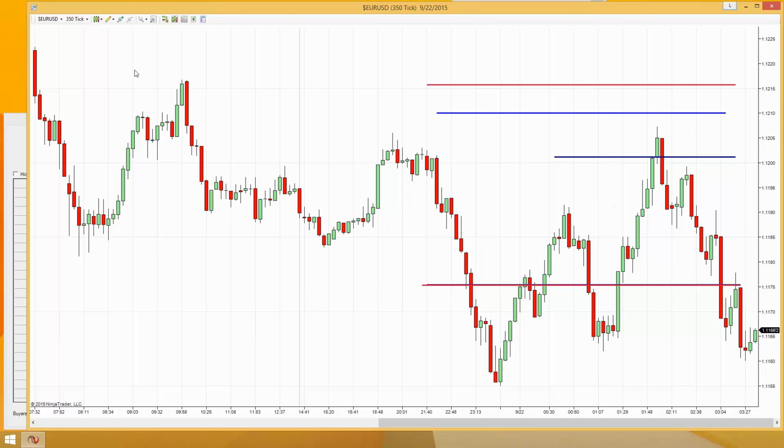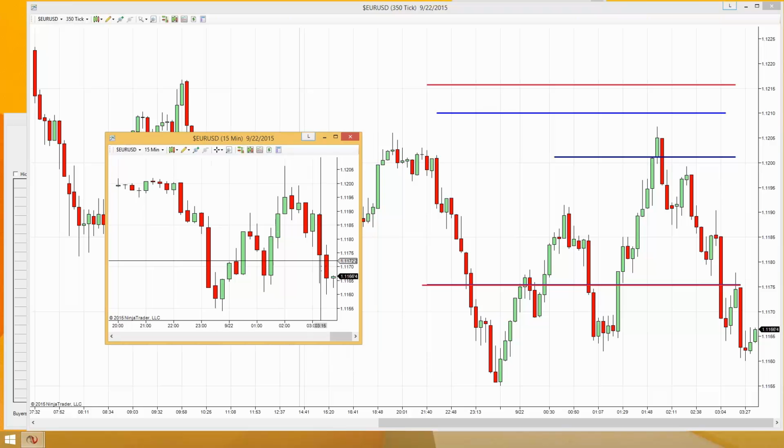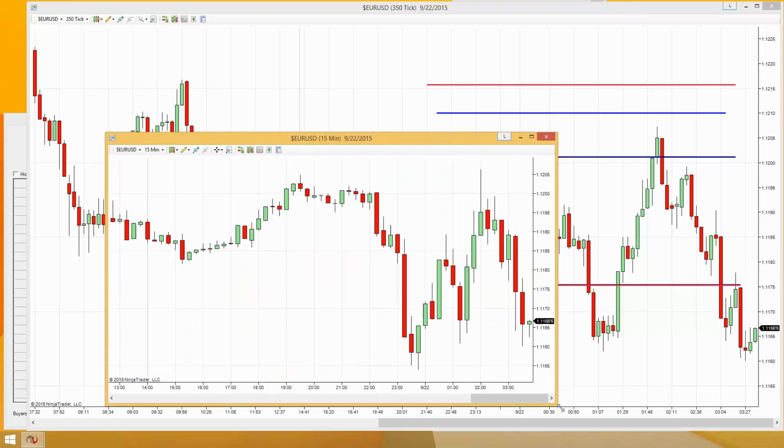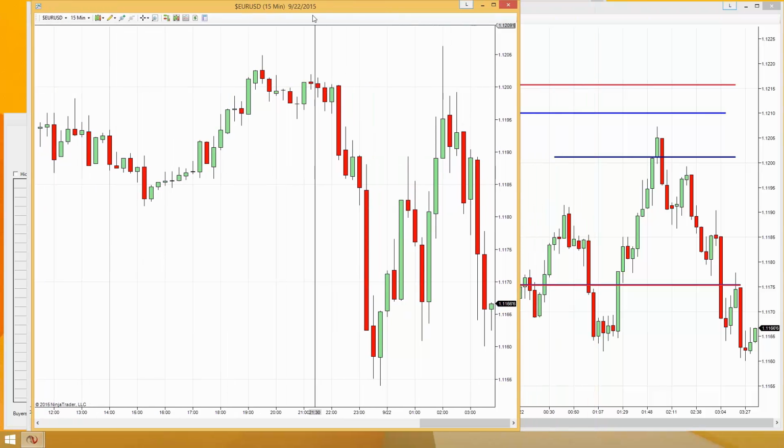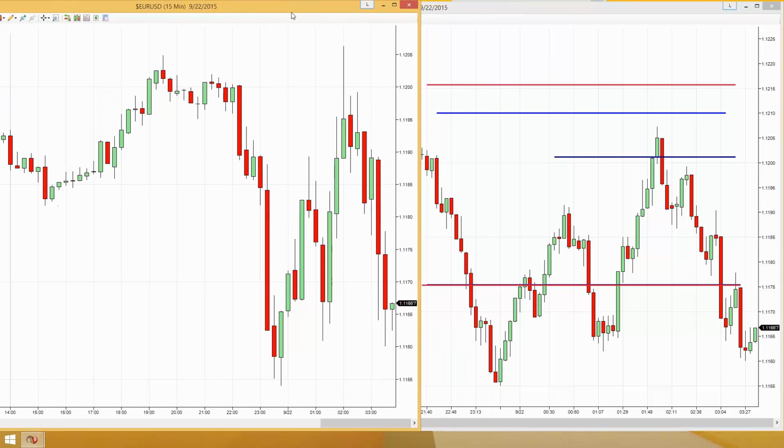So if you take a look at 350 tick, compare it with, let's say, 15 minutes, just look how much of the action you're gonna miss.